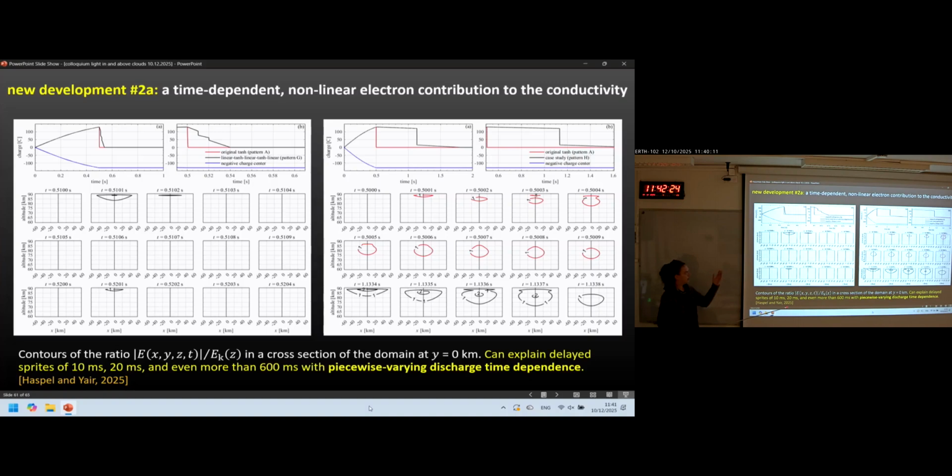And then, using that new nonlinear feedback on the conductivity, I also looked at interesting charge time dependence patterns. So not just one smooth discharge in the lightning, but things that jump, fits and starts, we called it. And I can describe not only the 3D effects, but delays in sprites due to these more interesting lightning patterns in time.